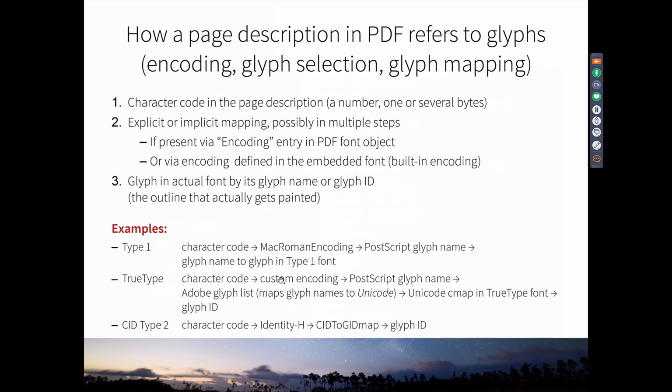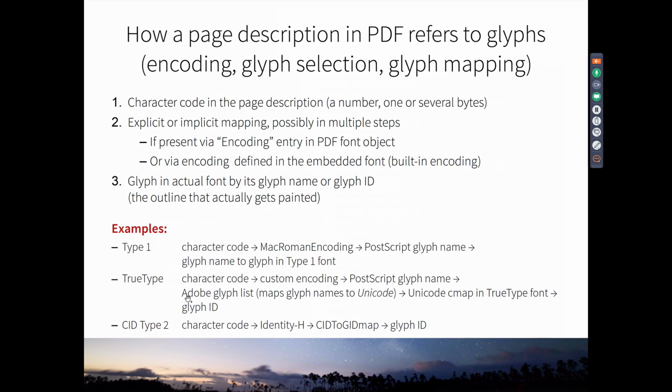TrueType font character code: you have a custom encoding entry. For each character code in the custom encoding that translated to a PostScript name, similar to the standard encoding here. But here we have a table in the font object on the PDF file side, not in the font object itself. From the custom encoding, we have got a PostScript glyph name.